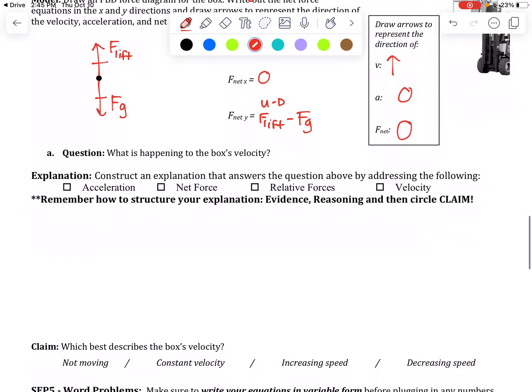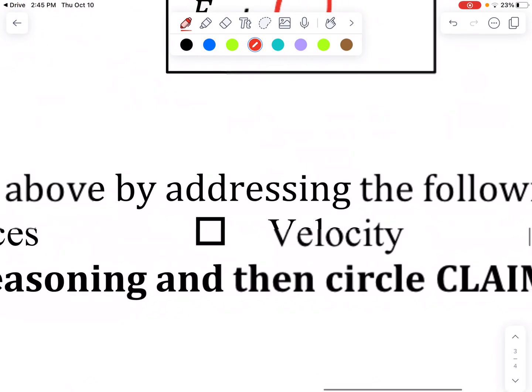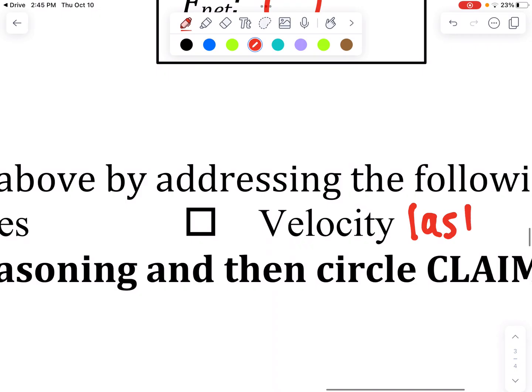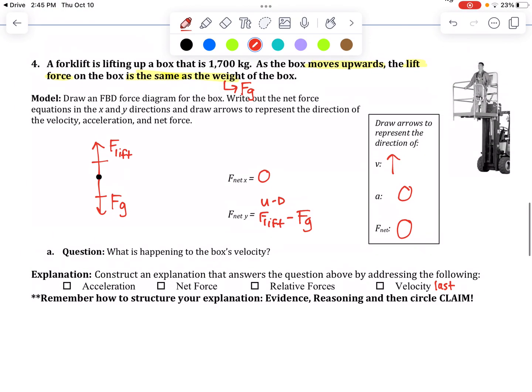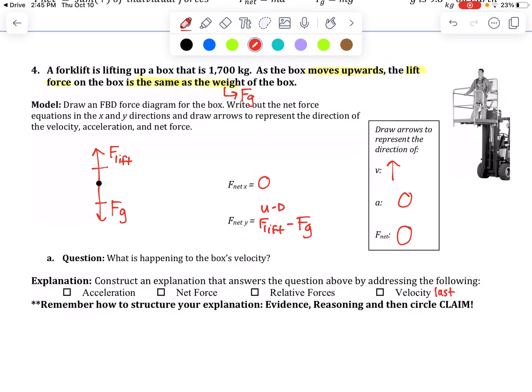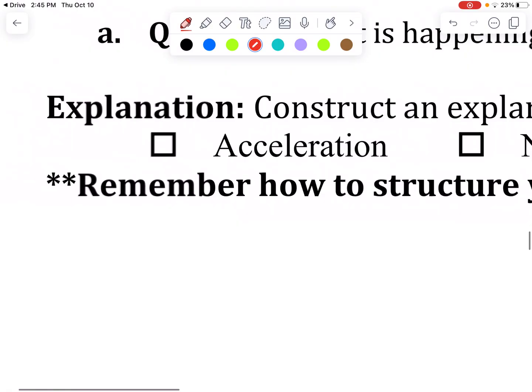So again, I'm going to look at the question. The question's about velocity, so that means this is going to go last in my order. So that means I must be given either acceleration, net force, or relevant forces in the prompt. And if I read, the one that I know the most about is relevant forces. I know things about the lift force and the force of gravity, the actual forces acting.